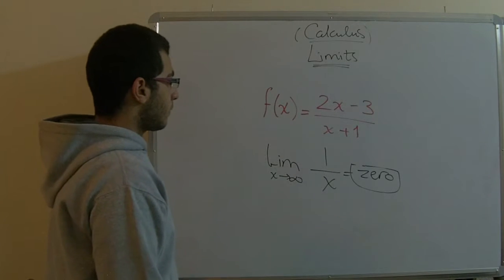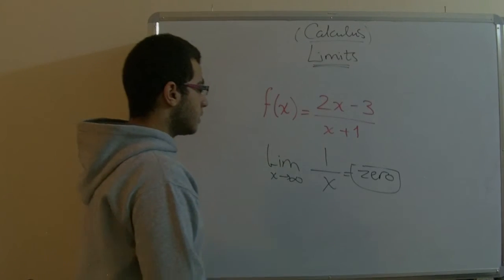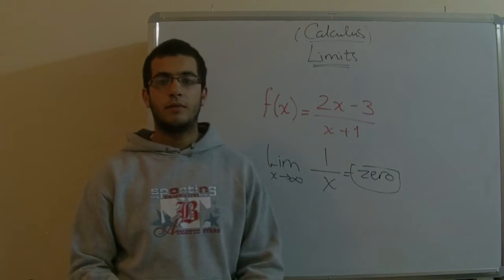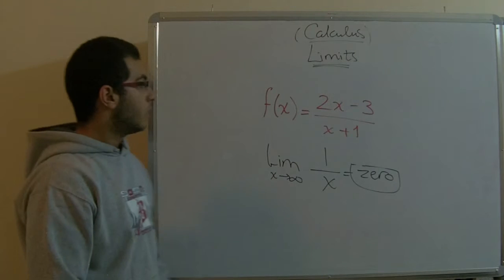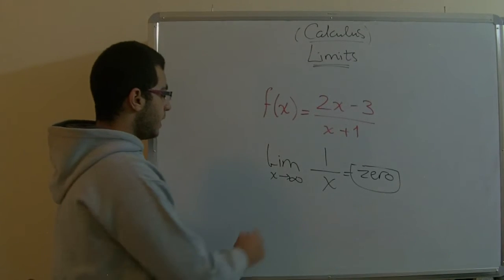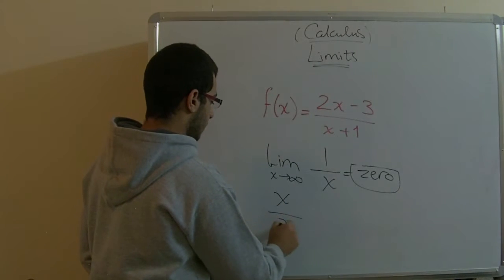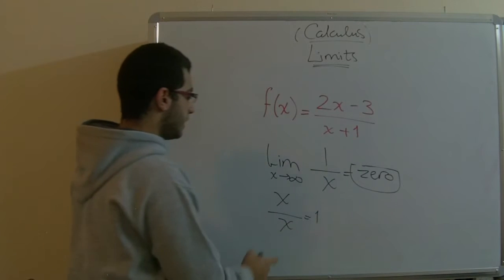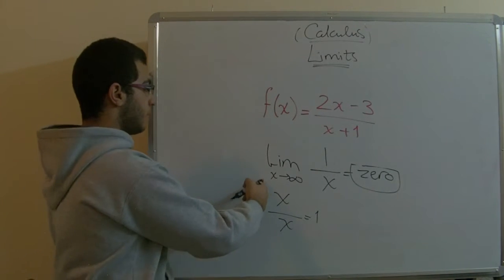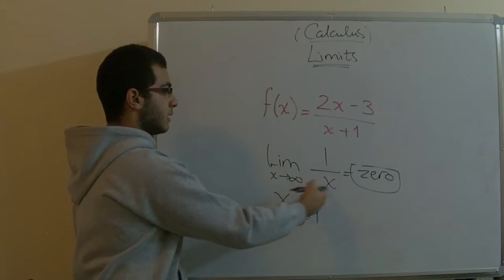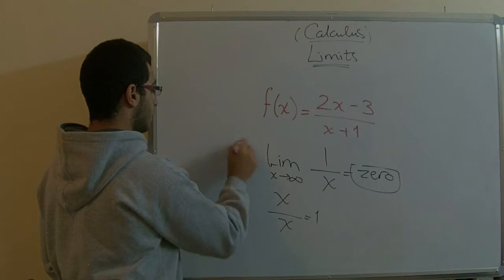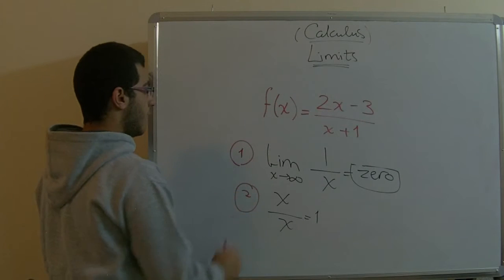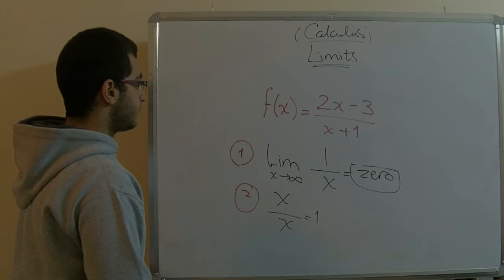And of course, we know that any value divided by itself equals 1. So we can use x over x equals 1, and the limit as x approaches infinity of 1 over x equals 0. Those are two very important rules in our lesson.